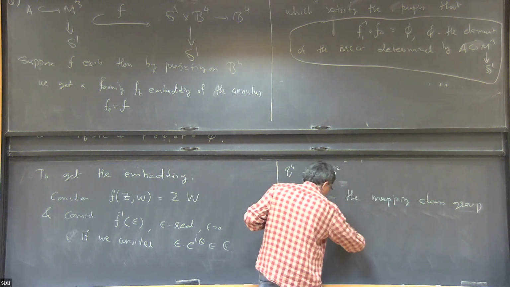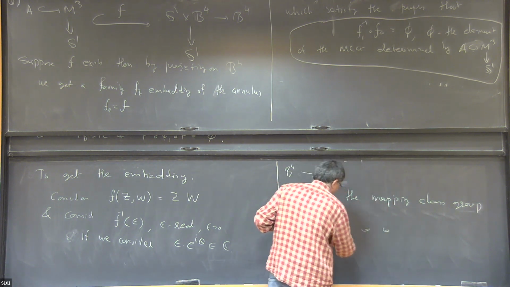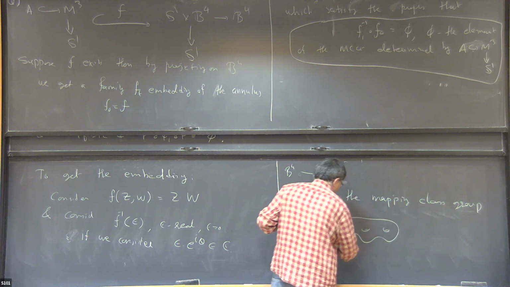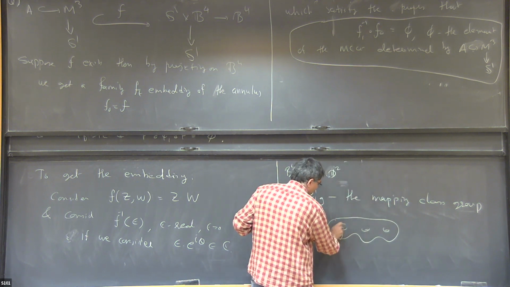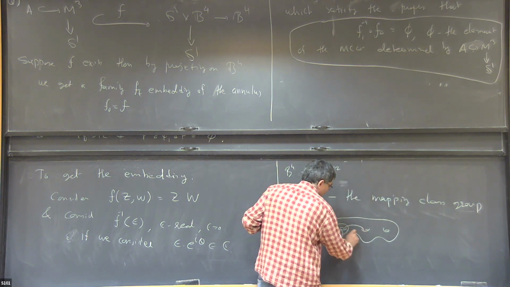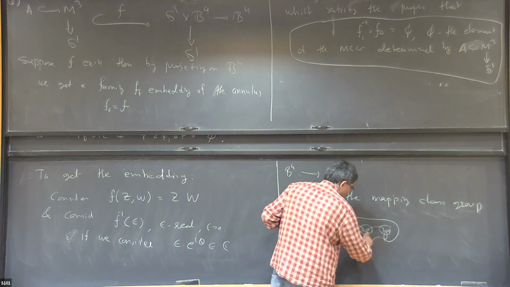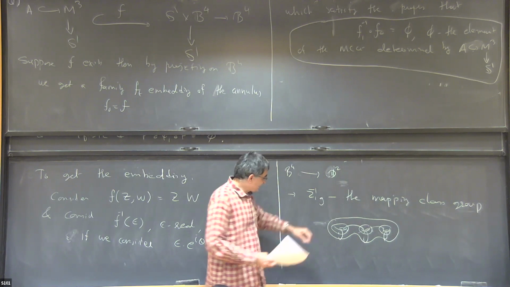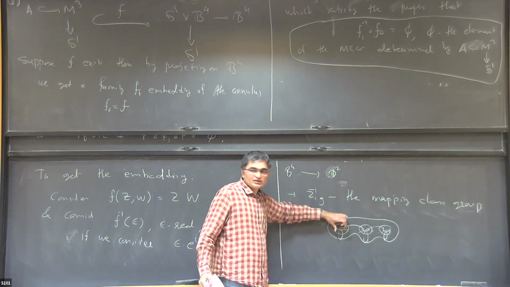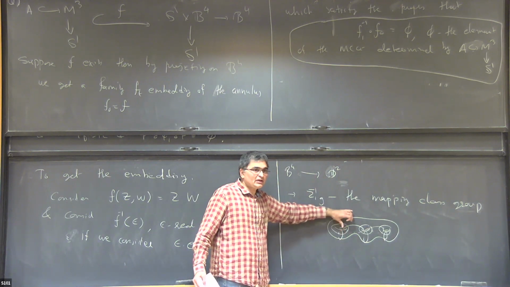If you take a surface of some genus g, then I can draw some curves on this. And if I take its tubular neighborhood, these are all annuli. These are all different annuli.